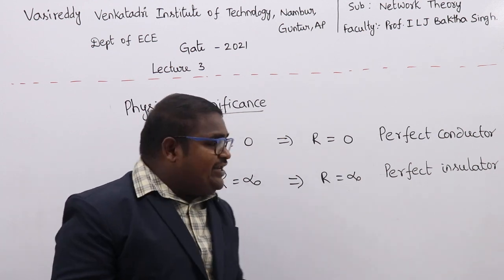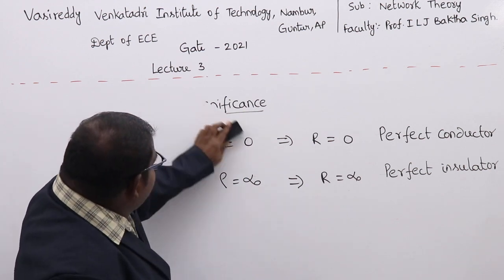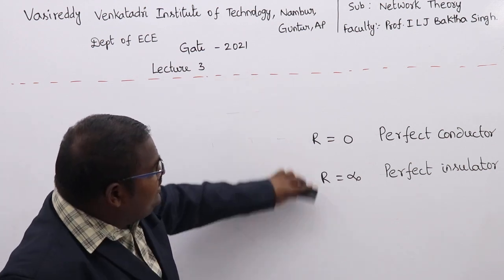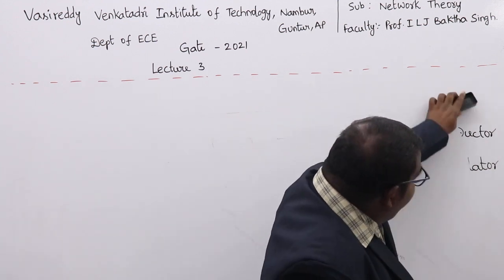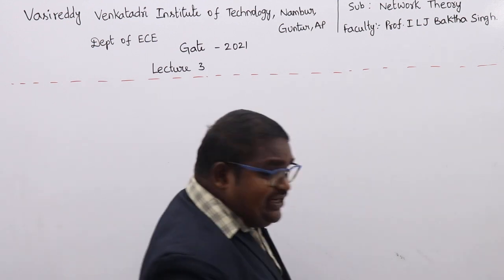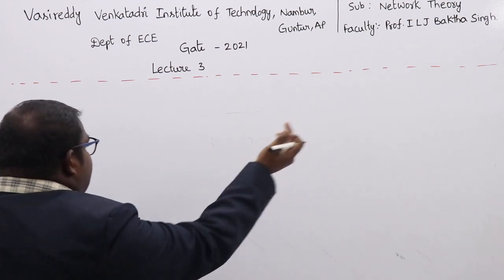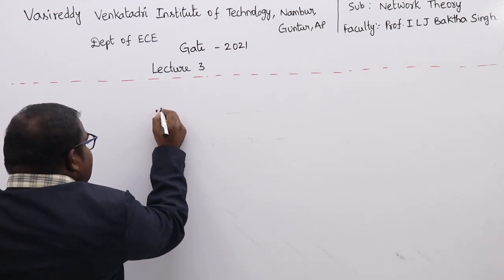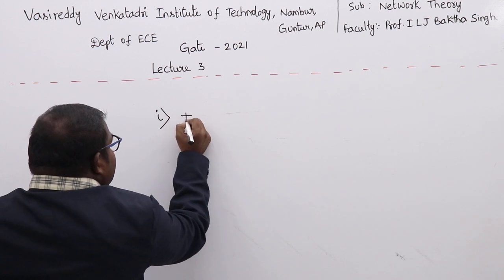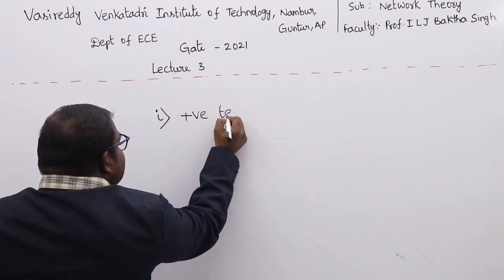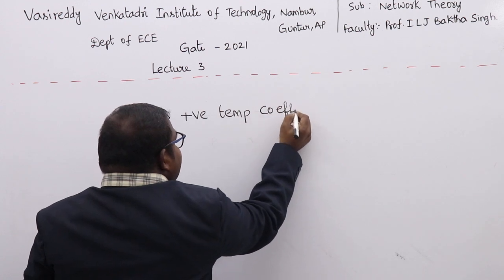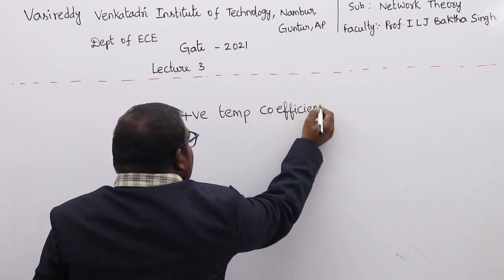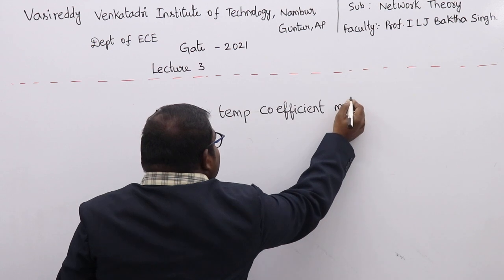So there is a classification of materials based on resistance-temperature variations. We have three types of materials. The first classification is positive temperature coefficient material.